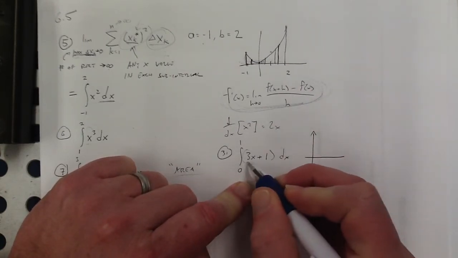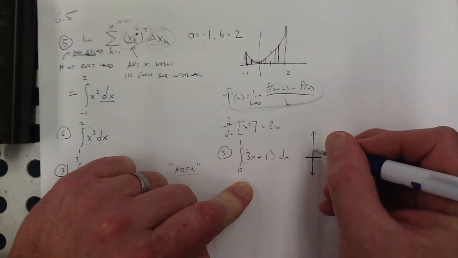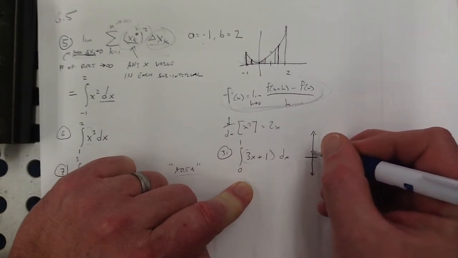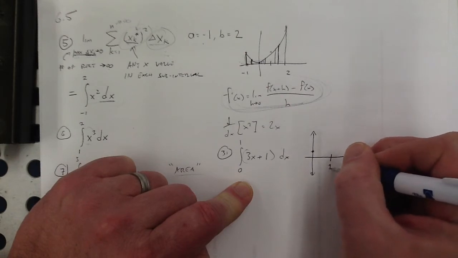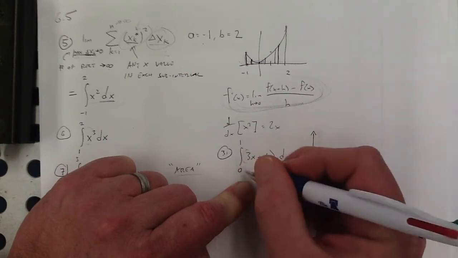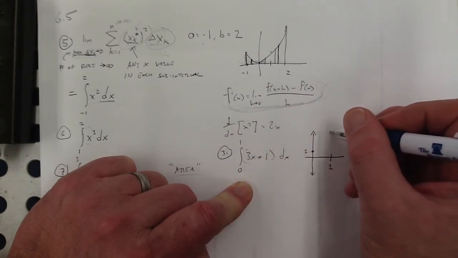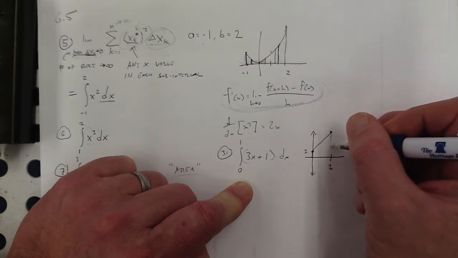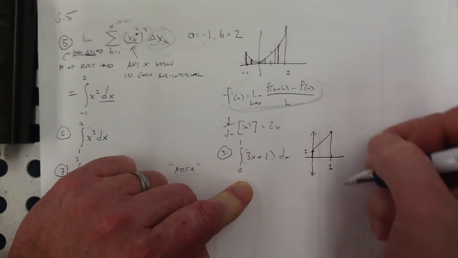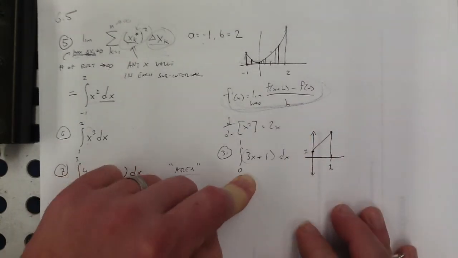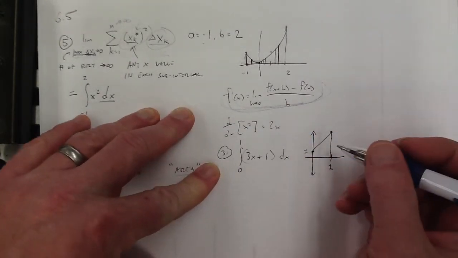So if I plug the 0 in, I get 1. And if I plug 1 in, I get 4. Now, this kind of trapezoid, of course, it's a triangle on top of a rectangle, but we want to get comfortable with our trapezoid area formula.